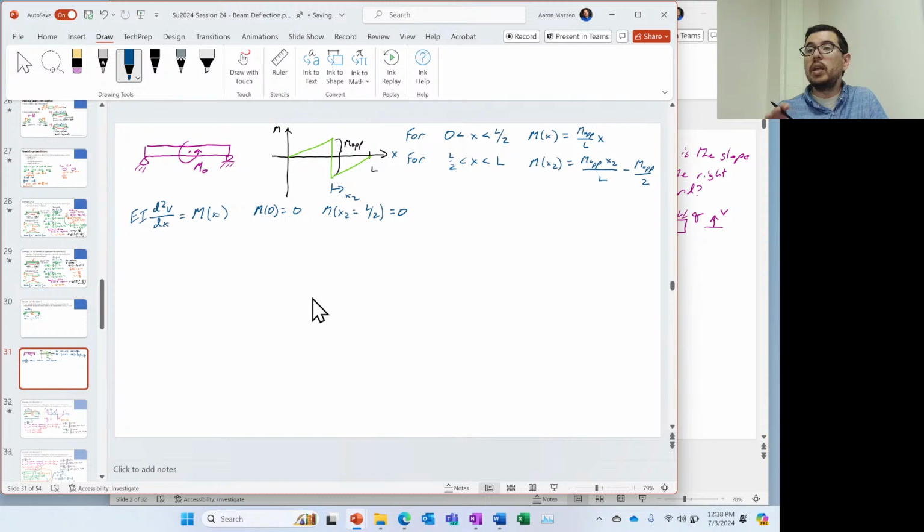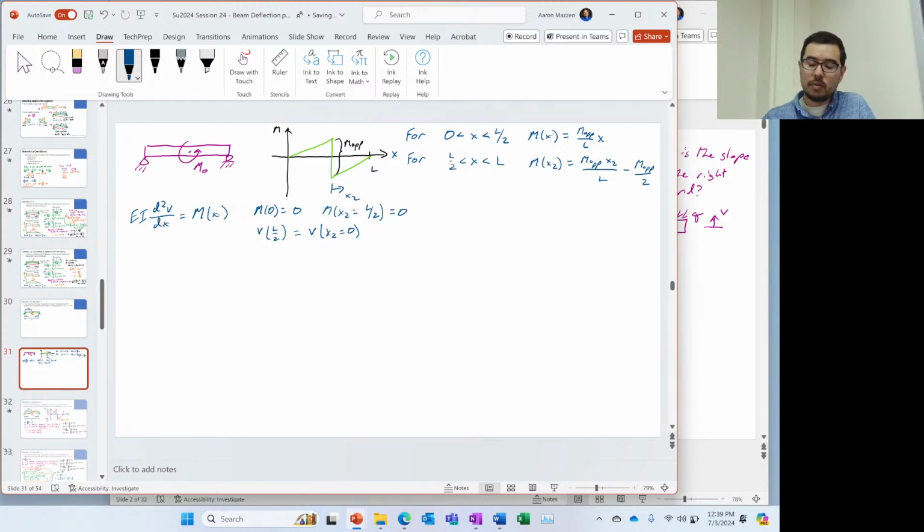The slope being the slope of the deflection, not the slope of the moment. There's a discontinuity there. So here we can say that the v, this is lowercase v, at L over 2 is going to be equal to the v at x2 equals 0.